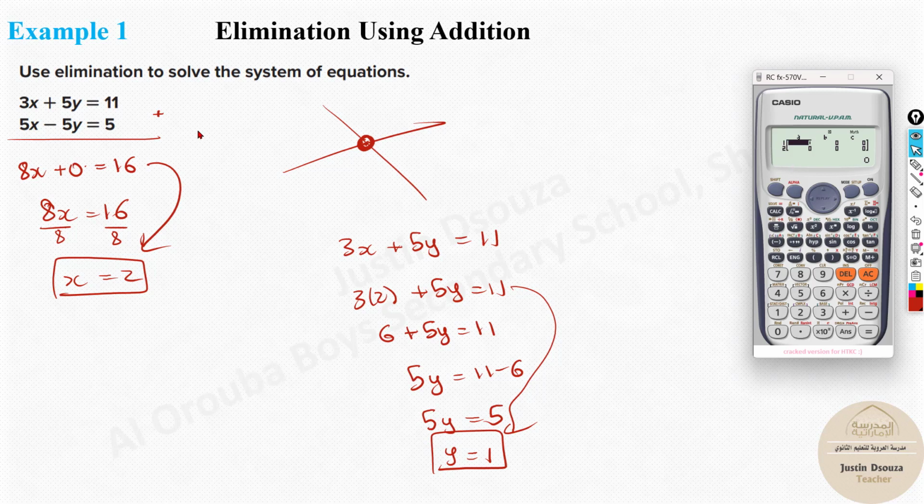So a means whatever is before x: 3, 5, and the number on the right-hand side, 11. This is the standard form. Directly substitute the values. Same thing over here: 5, minus 5, and lastly we have 5 again. And the answers are x is 2 and y is 1.